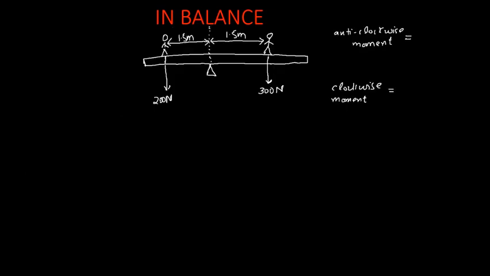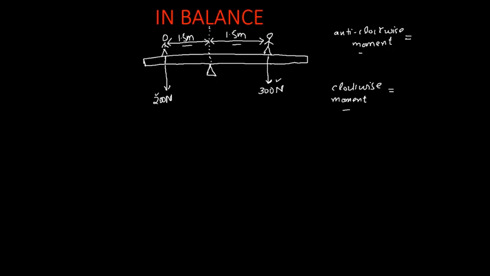So consider this seesaw again, and two persons are sitting on it, one weighing 200 Newton and the other weighing 300 Newton, and both are at the same distance from the pivot point, that is 1.5 meter and 1.5 meter. So let's calculate the anti-clockwise moment and the clockwise moment. First of all, identify which one is causing the clockwise moment and which one is causing the anti-clockwise moment.